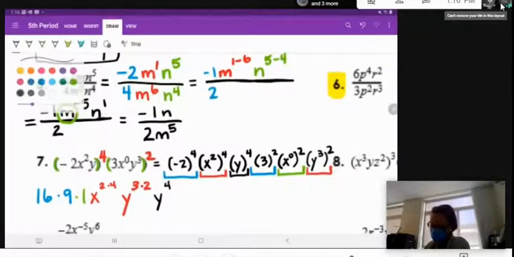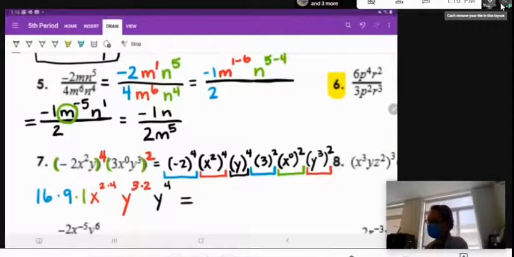Let's simplify this. 16 times 9 times 1 is 144. You can leave that to a calculator if you can't do it in your head. And then x to the 2 times 4 is x to the 8. Y to the 3 times 2 is y to the 6th.